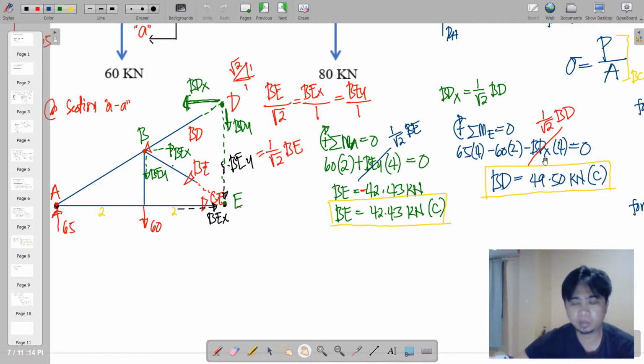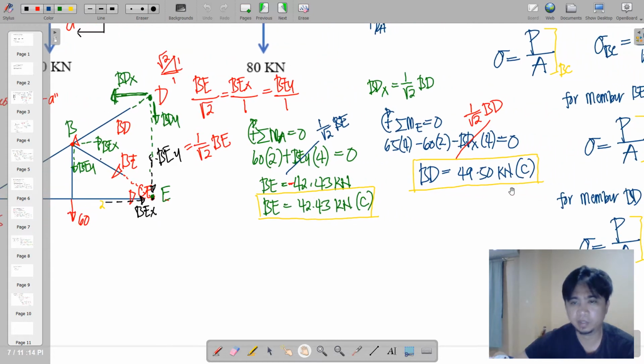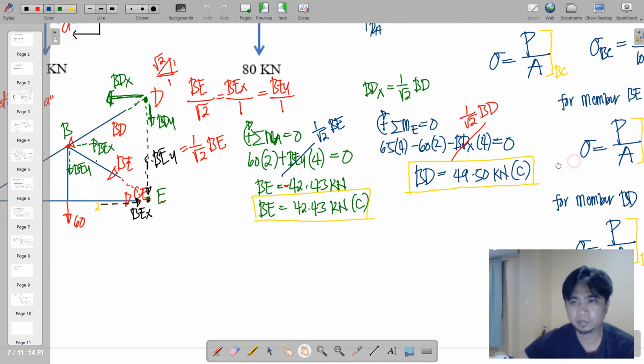And eventually you can compute BD, and it will yield a positive result equivalent to 49.5 kilonewton. So your initial assumption for BD is actually towards the joint here. So therefore, yielding a positive one would mean your assumption of compression is retained. So hence, that is a compressive type of force.